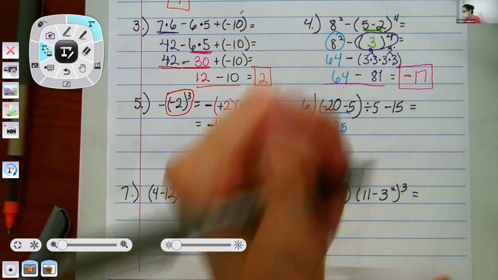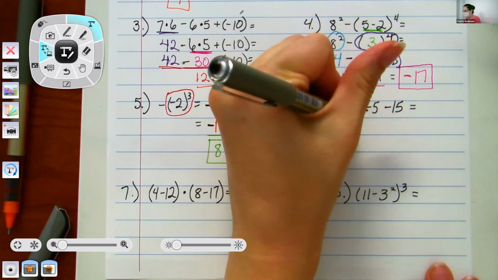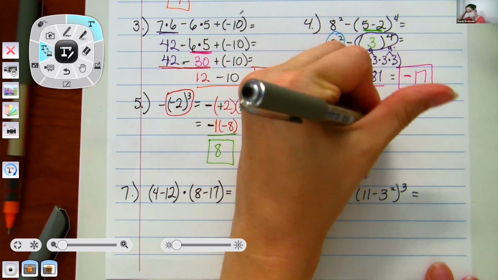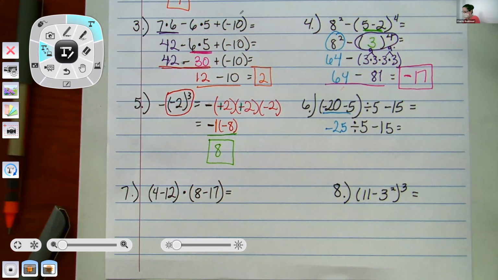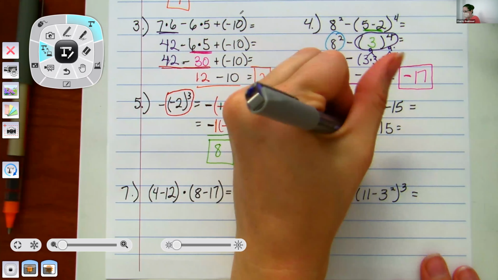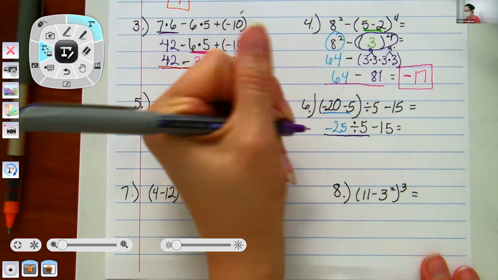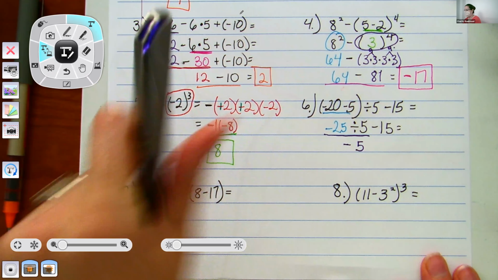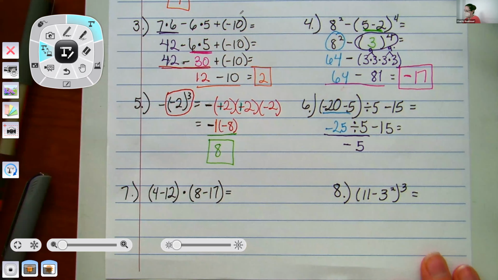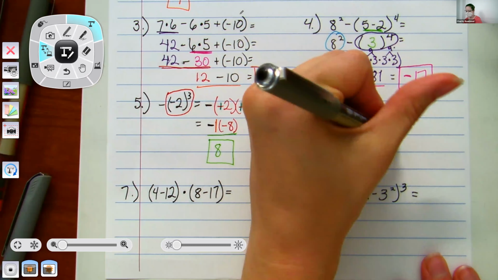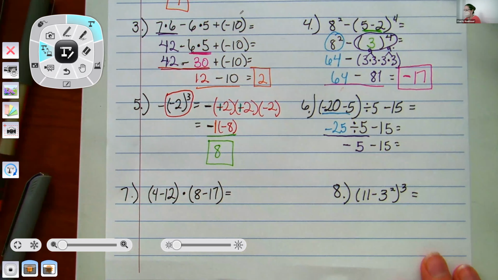So -25 divided by 5 minus 15. So then I'm going to divide -25 divided by 5 equals -5. So -5 minus 15 is equal to -20.